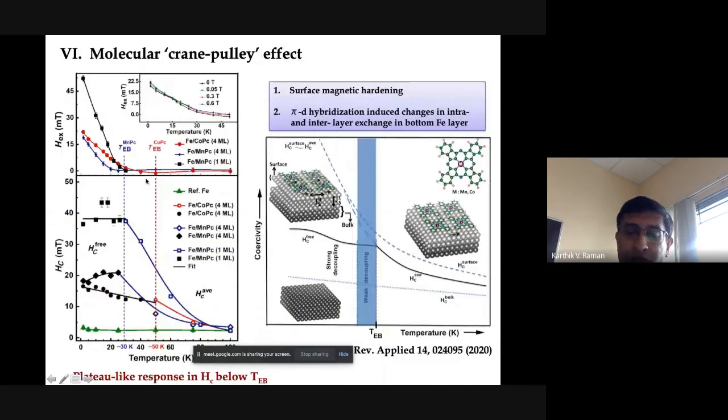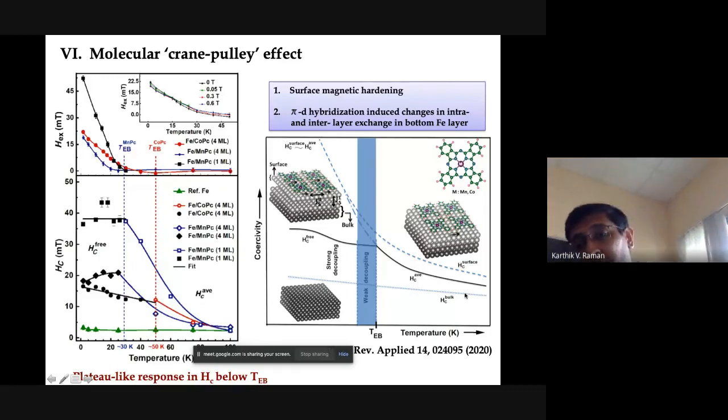So I just want to conclude by summarizing the results. We call this a molecular grain effect, which basically tells you that if you start at high temperature and put the molecule on top, you have a response, given by the black line, which is nothing but a mix or an average of the response of your bulk iron and the surface iron, which has a very high coercivity.